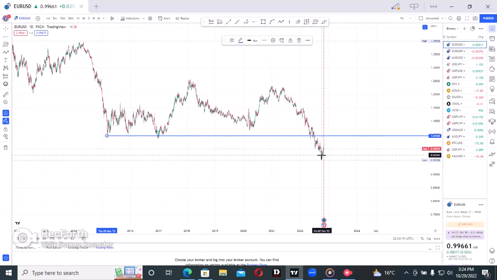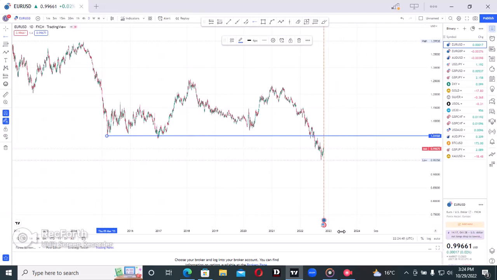What you're going to expect is that maybe this market can make a retracement and then continue to move down, or maybe this market can come back inside this area of ranging market, so that we'd expect this market to continue moving in the range, or continue to move in the down direction.